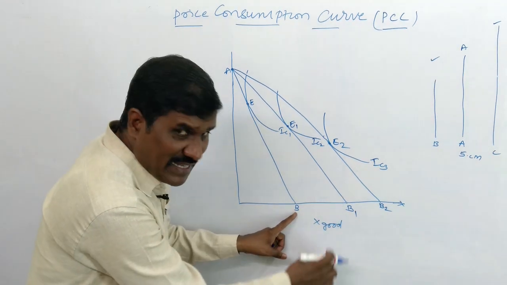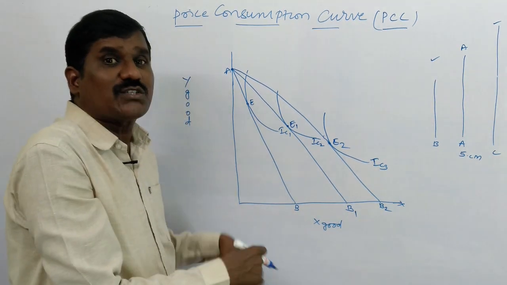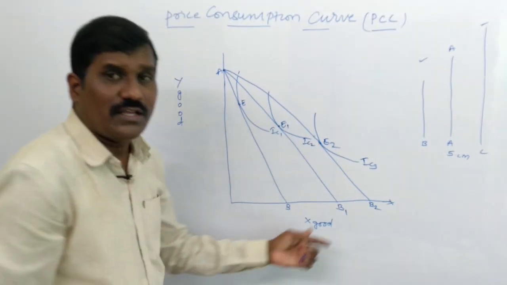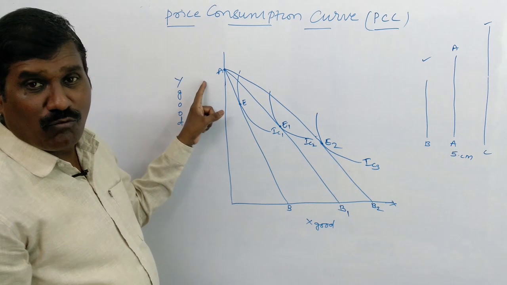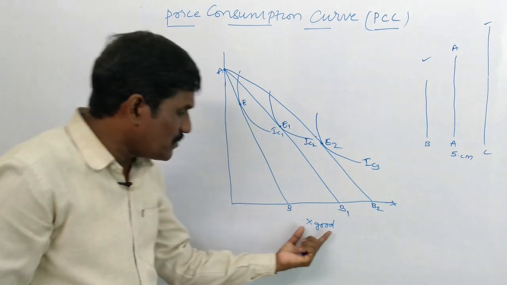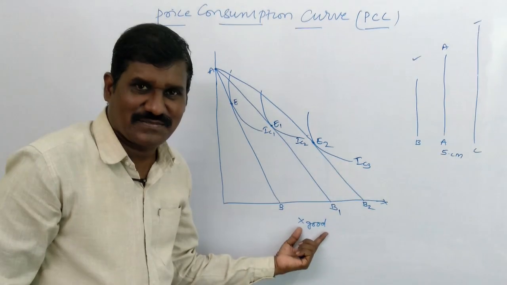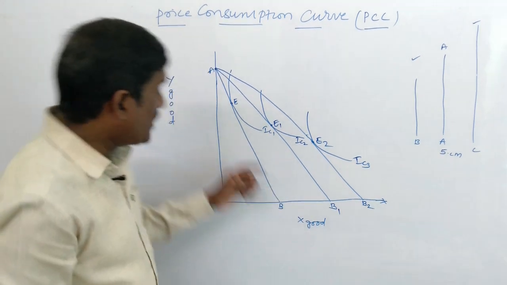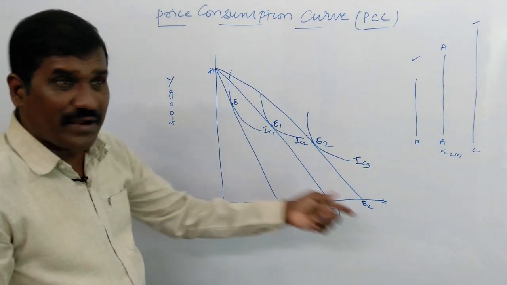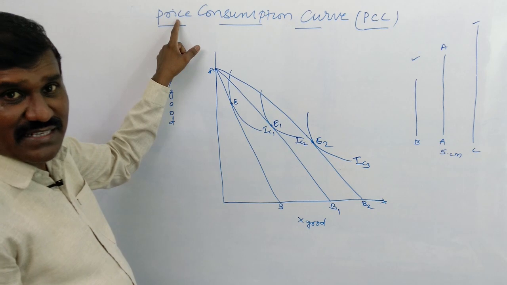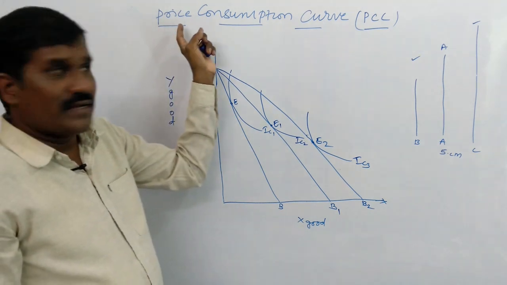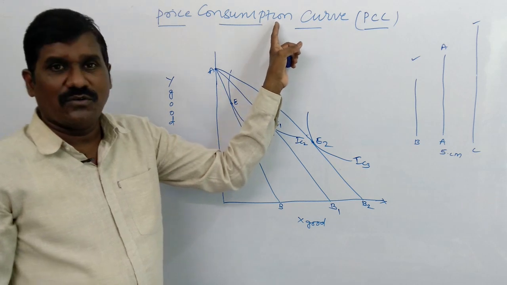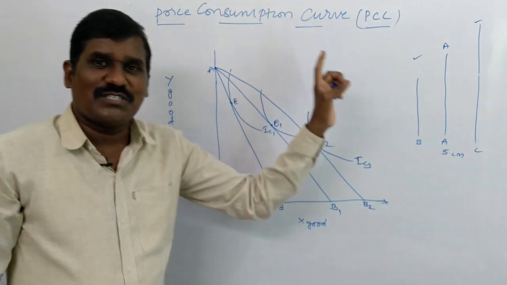The price decreases, automatically he wants to purchase more and more of that commodity. The Y price is constant, X price decreases. So with changes in price, automatically the consumption of the consumer also changes.